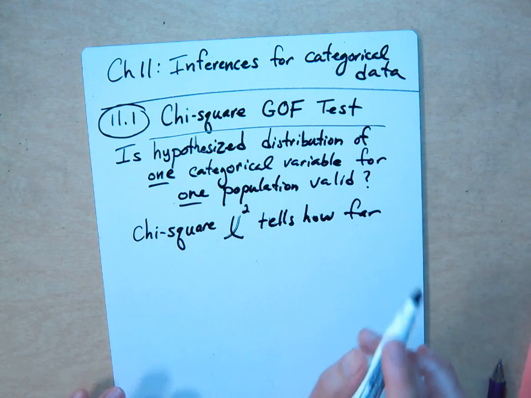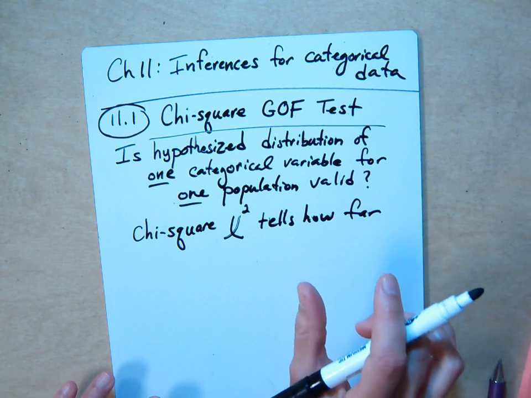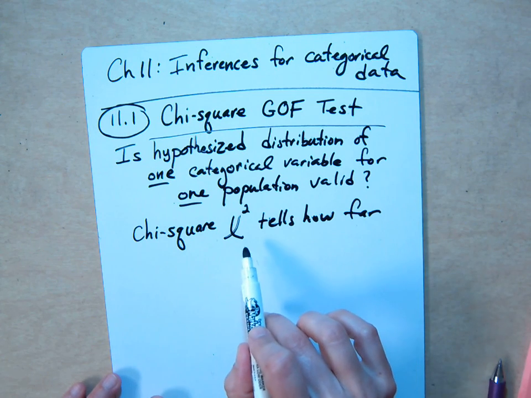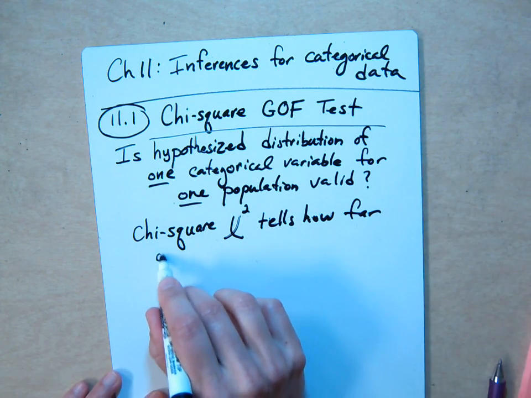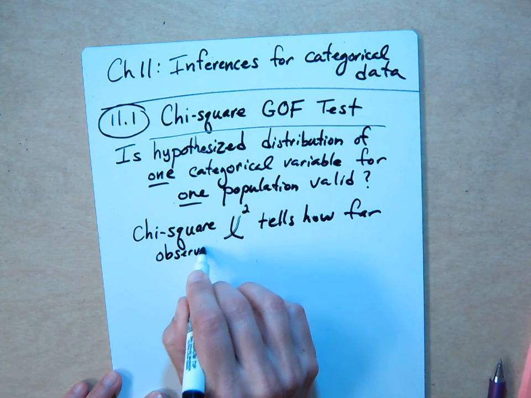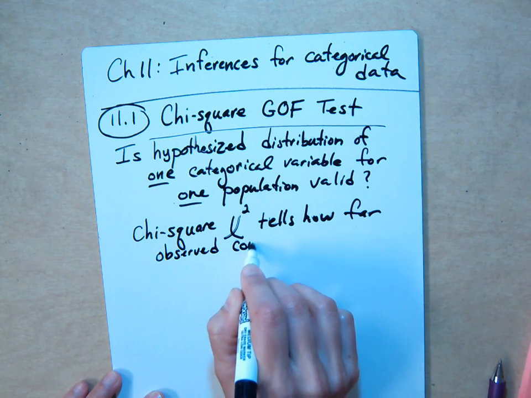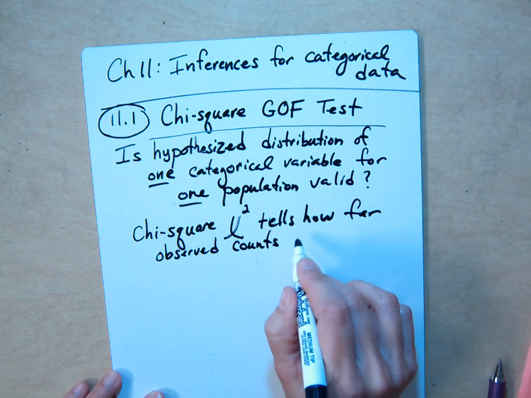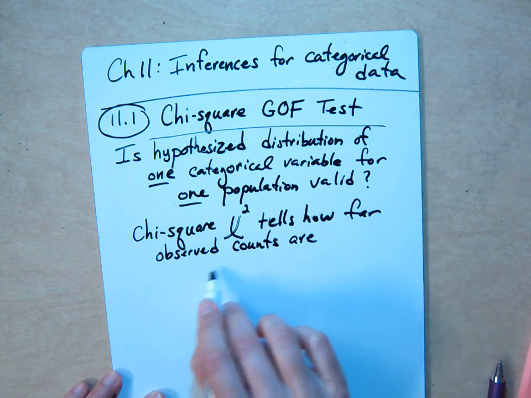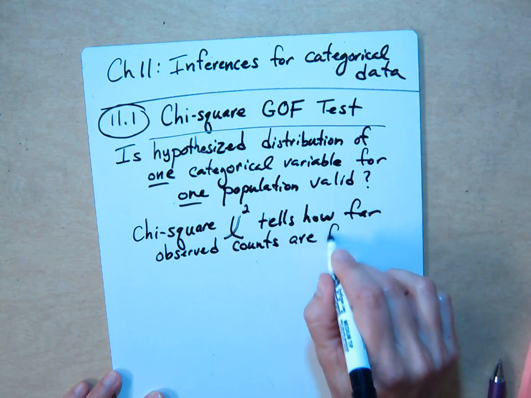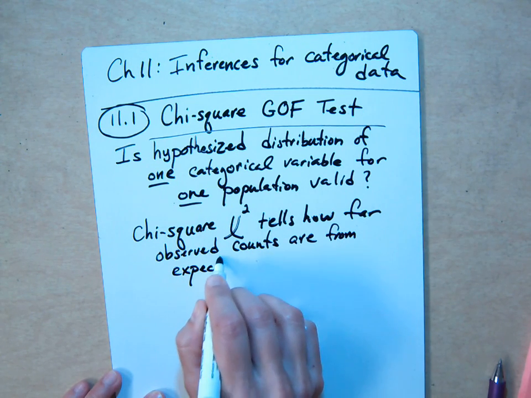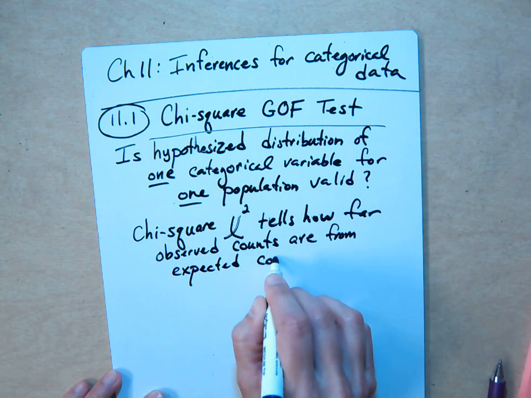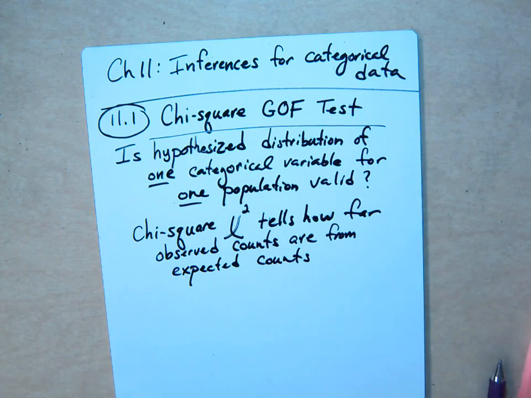By itself it doesn't answer the question, but it helps us get there. Chi-squared tells you how far the observed counts, which are integers, are from expected counts. And the expected counts do not need to be integers.